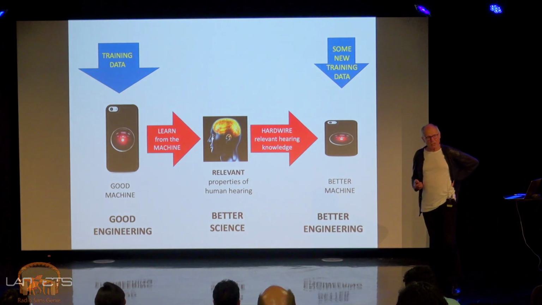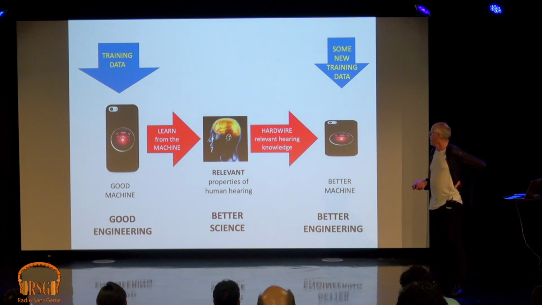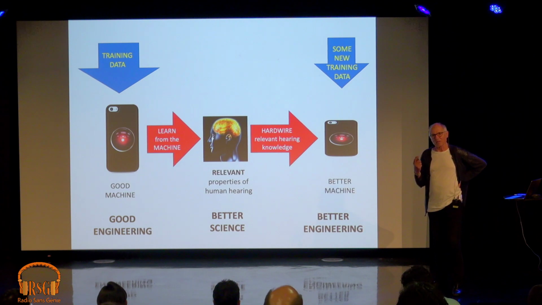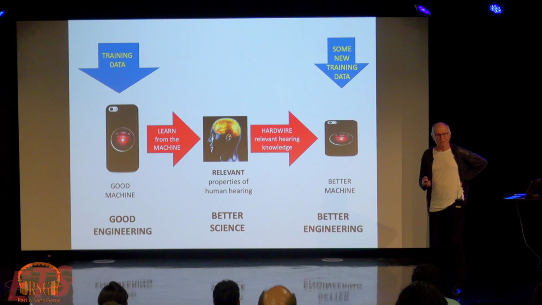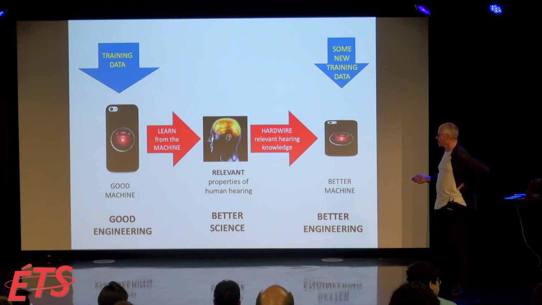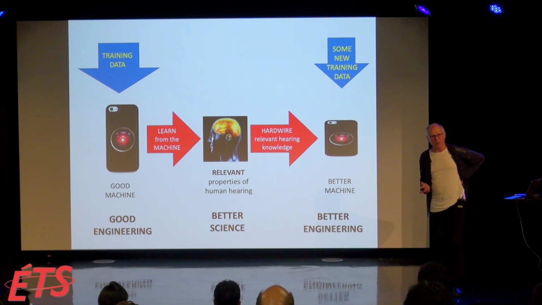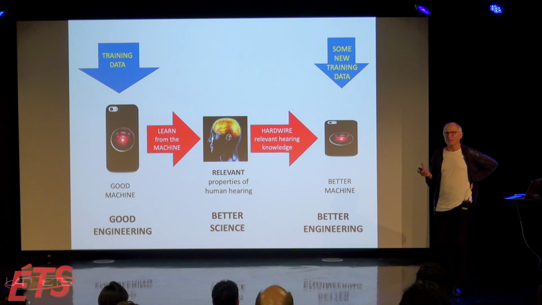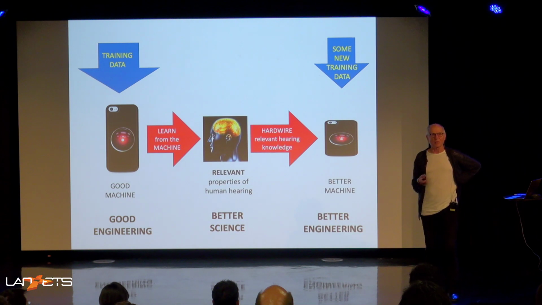You take the machine, which works very well, and you try to learn from the properties of the machine something about human hearing. Once you learn something about human hearing, you learn relevant information which is needed for processing of speech. So it doesn't pick up just arbitrary properties of human hearing.